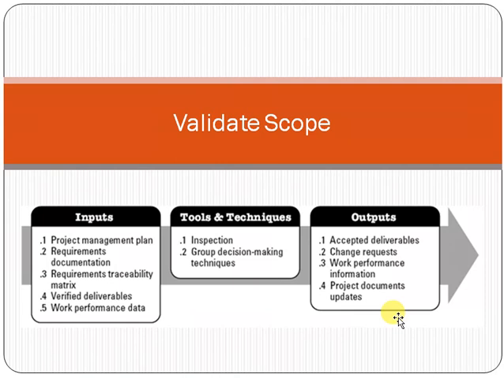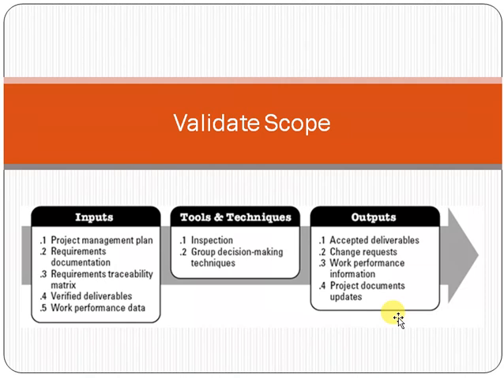If any change is required, we go for a change request, and in the end the project documents will be updated. Project documents include the project management plan. If a scope document needs to be updated, then through the change request we have to update the scope baseline and cost baselines.